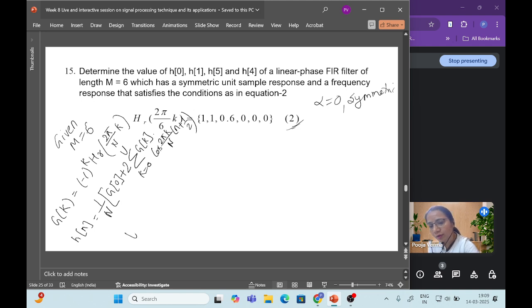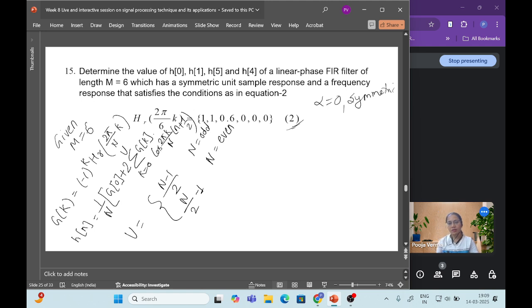And now how do we determine u? u will be (N minus 1)/2 for N odd, and N/2 minus 1 when N is even.